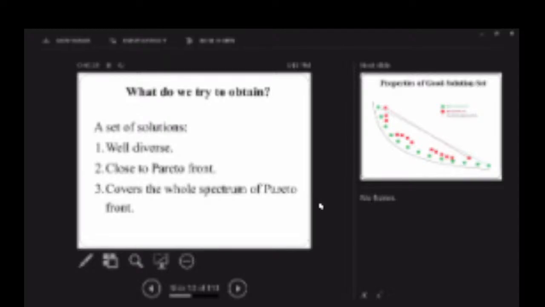Your target is that all the solutions your algorithm generates move towards the true Pareto front, meaning they are convergent in nature. When we use a meta-heuristic algorithm for a single objective also, the major concern is whether it is converging. Maybe there is no theoretical convergence, but numerically you can show your solution is approaching the global optimality. So convergence means it should be close to the true Pareto front.